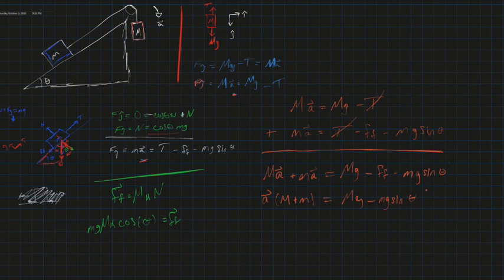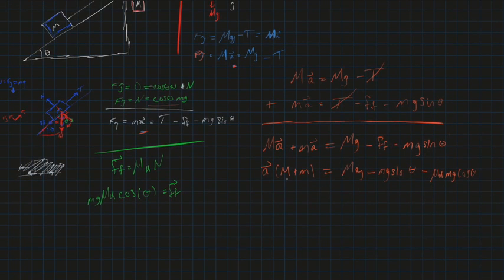So we're going to get mu k mg cosine of theta. Now we can just divide, take that and divide it over here. We're going to get acceleration is equal to Mg minus mg sine of theta minus mu k mg cosine of theta, divided by M plus m.